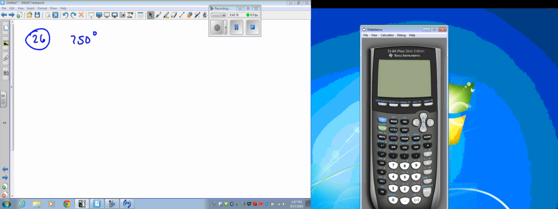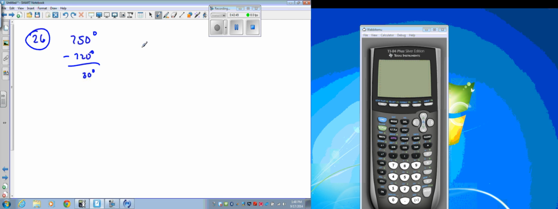The most 360s is 2, and 2 360s is 720, so I need to subtract that out. And that's first quadrant, so the reference angle is 30 degrees. The X and Y values are both going to be positive, so you don't have to worry about signs, in terms of plus minus.